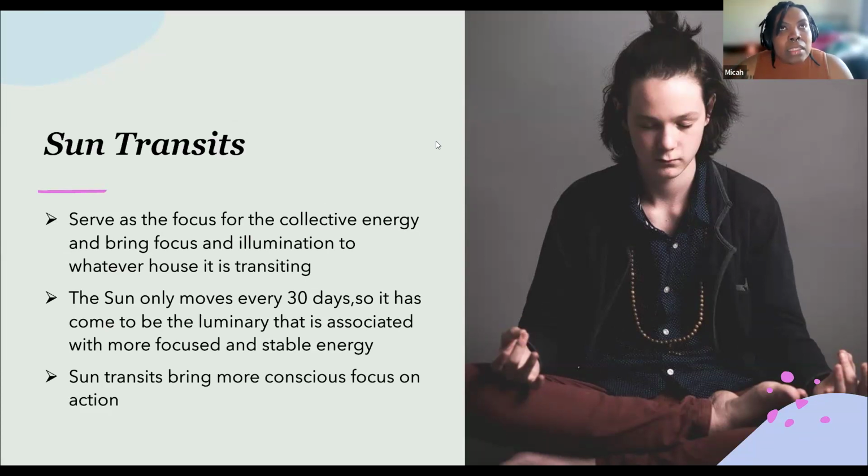However, the sun does not do super well in the eighth, because the eighth house is just kind of dark there.